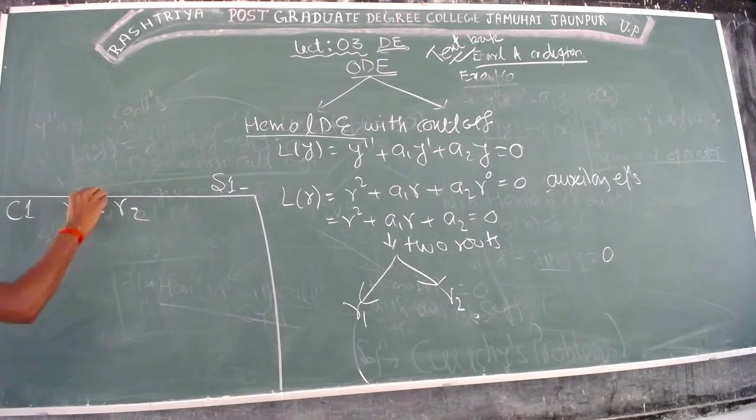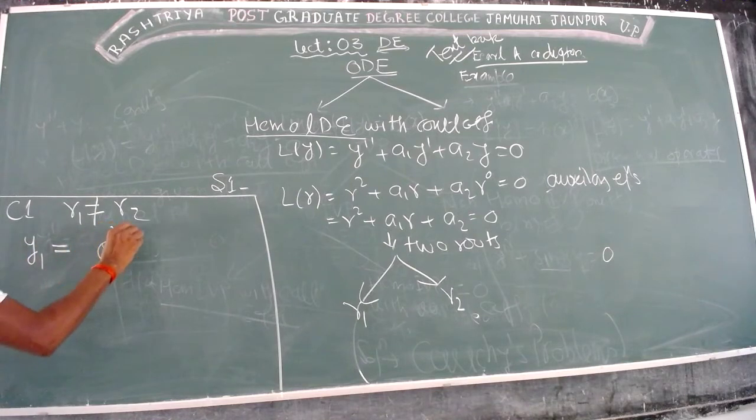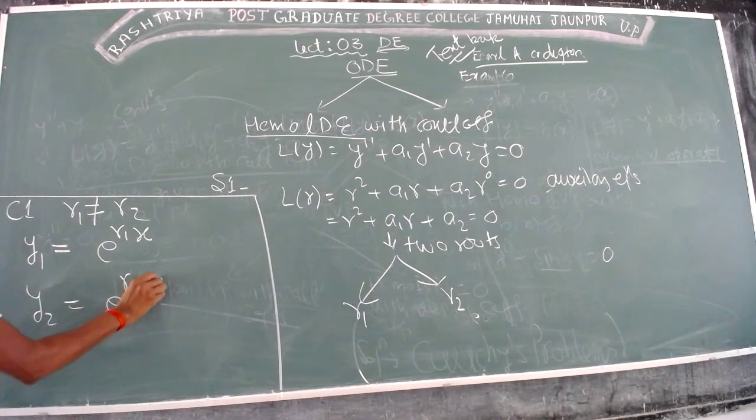Then if r1 and r2 are different, the first solution will be y1 = e raised to the power r1x and y2 = e raised to the power r2x. These are two solutions.